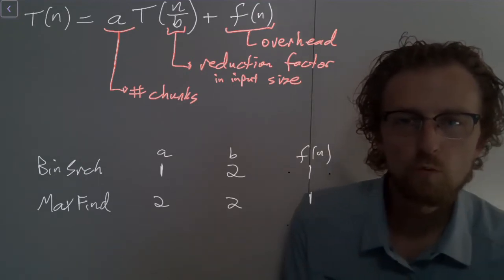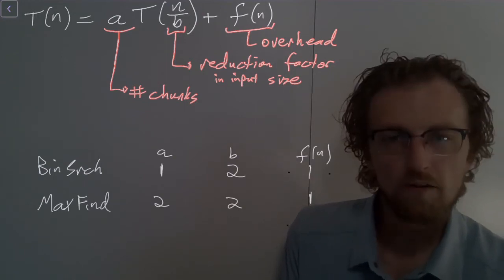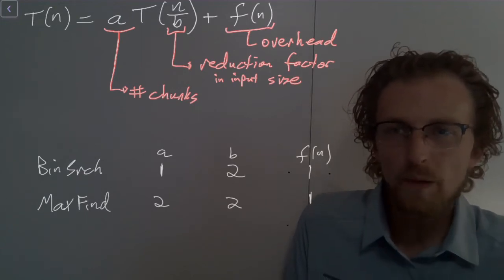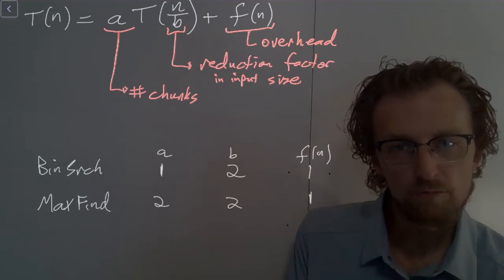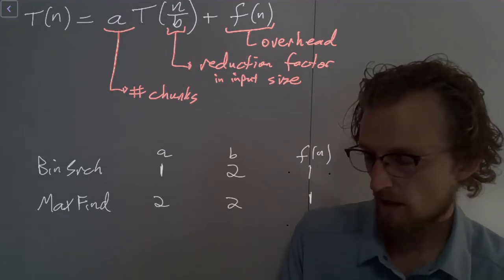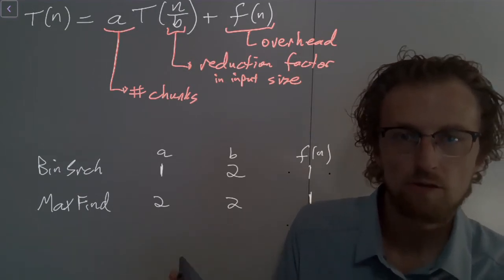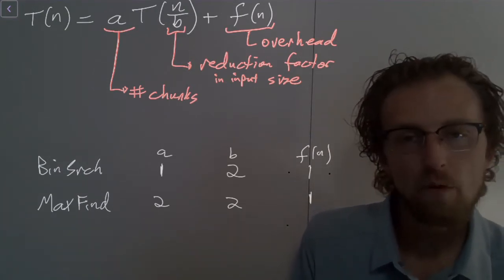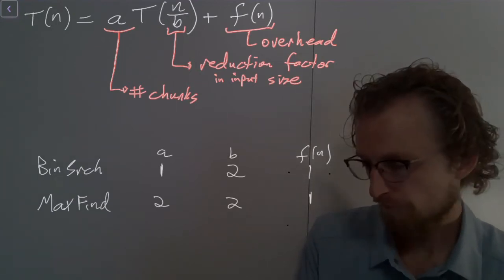So the question is, what does this look like in general? And in particular, what happens if we have a more general overhead term? Well, it turns out that it depends on the relationships between these three parameters in some kind of surprisingly precise ways. But before I show you exactly how all this works using the master theorem, it's literally what it's called, I want to help us gain some intuition by looking at some special cases.